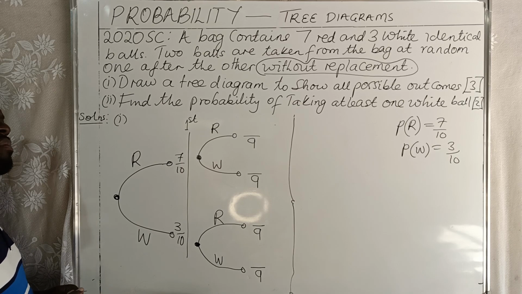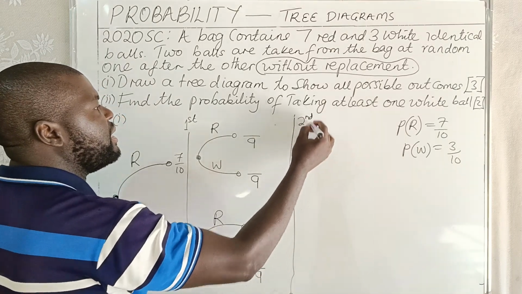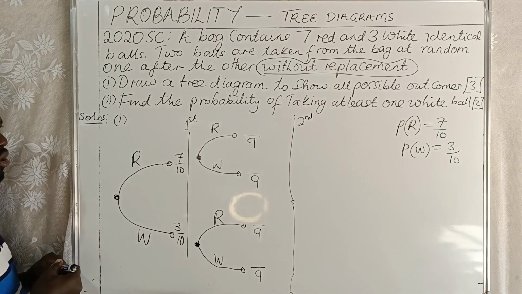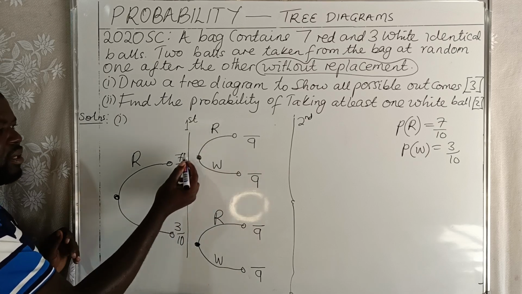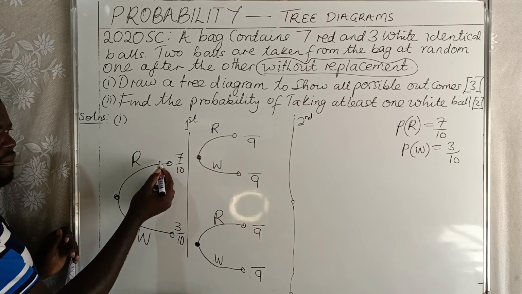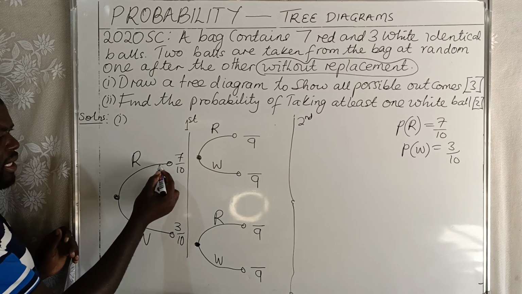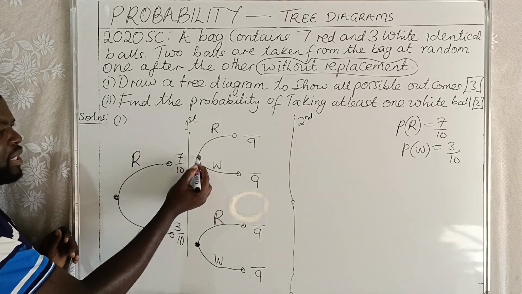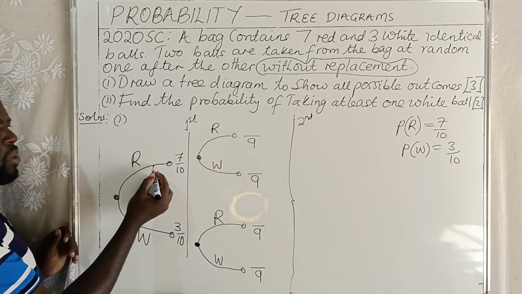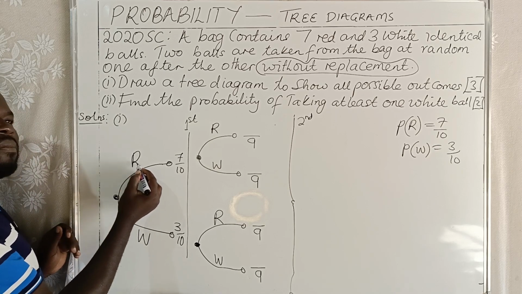Okay, now coming to the numerators of the second set, we need to know that this set of branches, which is being generated from the red branch, as soon as we go to the red branch and produce this set, what we are communicating is that the first ball that was picked was a red one.